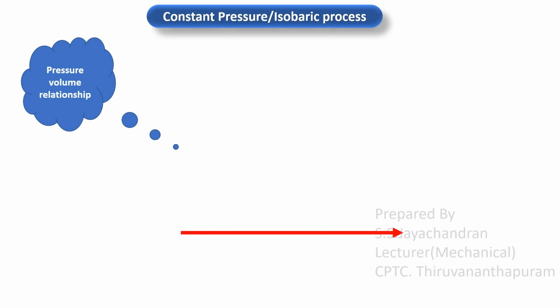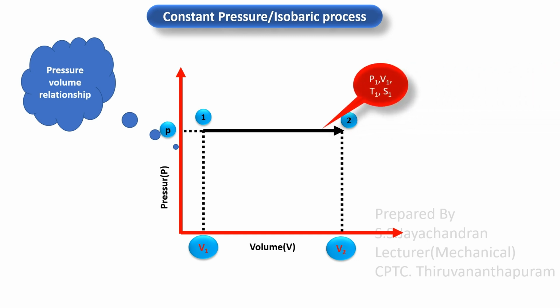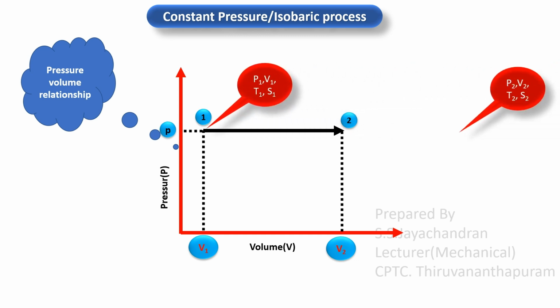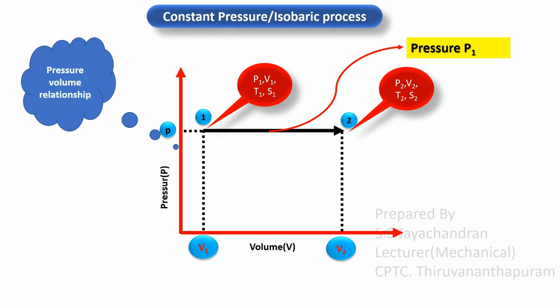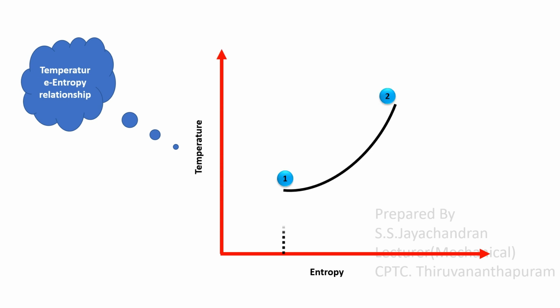Constant pressure or isobaric process. The isobaric process pressure-volume diagram is shown here. The temperature-entropy diagram of the isobaric process is shown here.